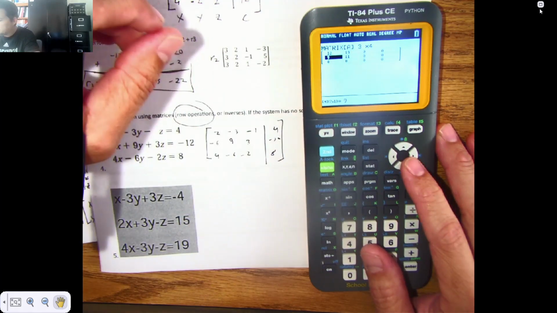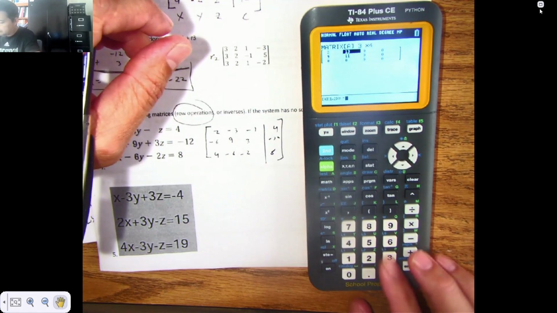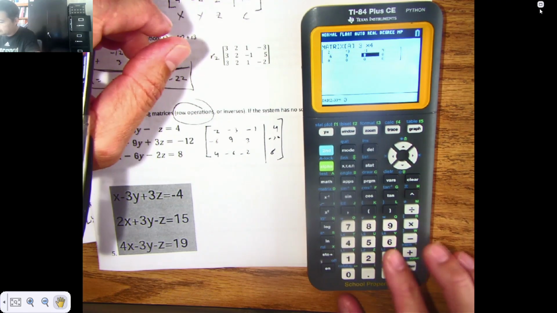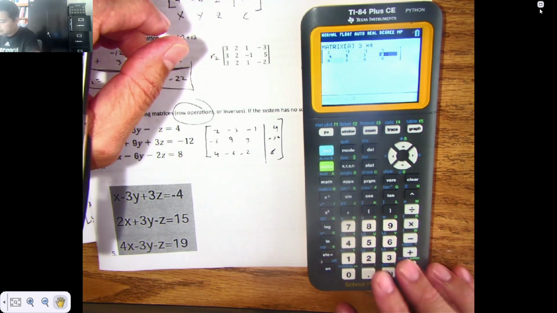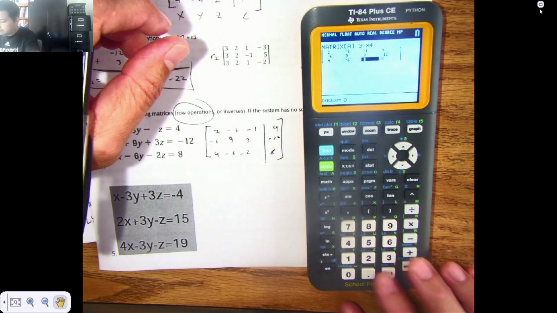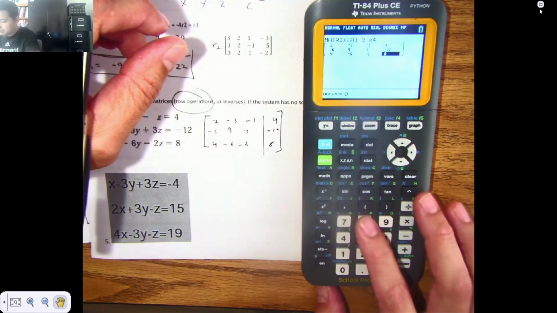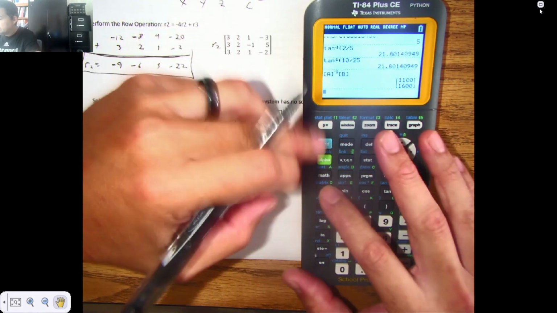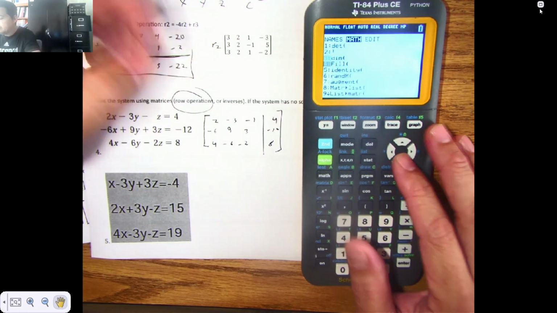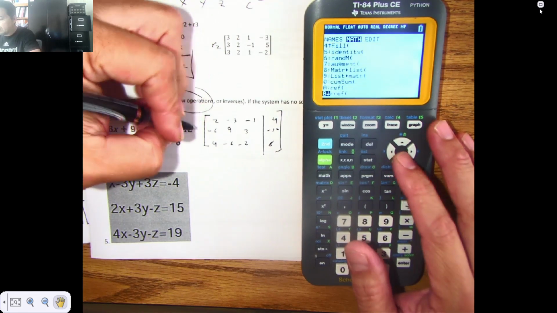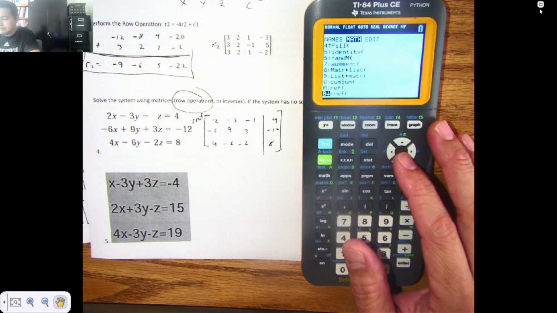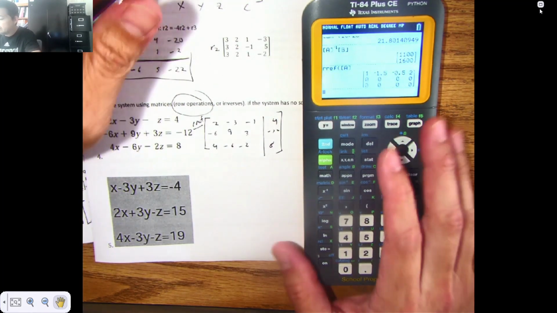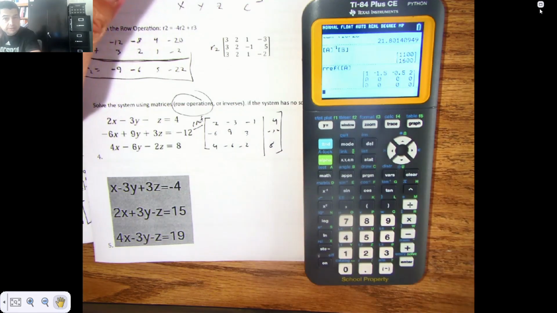That's as dark as I can make it. Quit. Second matrix math. Looking for that RREF command. Second matrix A. This one's interesting.